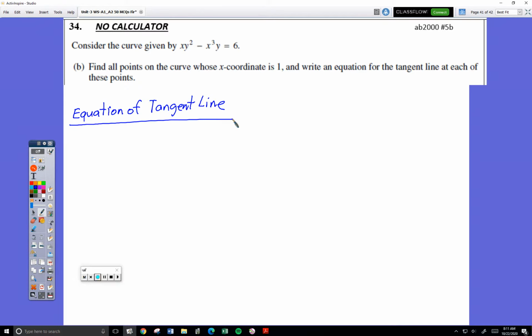Every time I see those words in a problem, I'm going to have to remember this equation. Y equals like that. That also is not a new equation. You learned it in previous years.